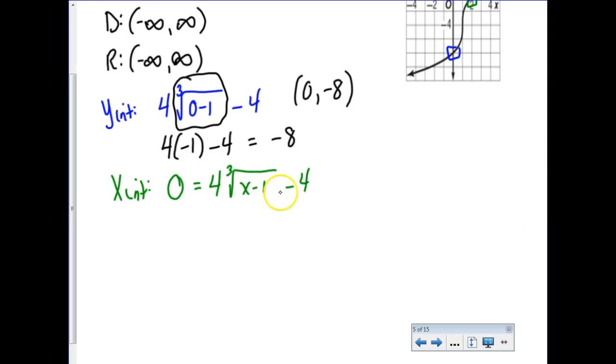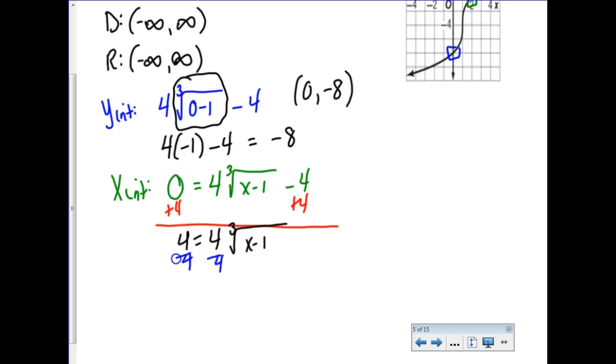So, I think we'd start by adding our 4 over. And then you're going to divide that 4 coefficient out of there. So I have 1 equals the cube root. Don't overthink this, guys. How do you undo a cube root? You just cube it.